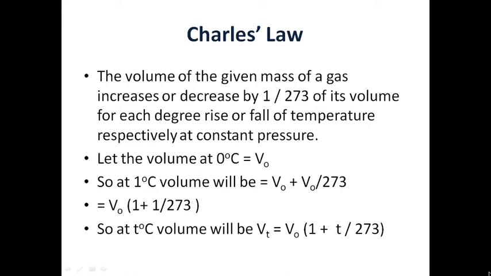Similarly, at 2 degrees Celsius the volume will be V0 plus 2 into V0 by 273. At 10 degrees Celsius the volume will be V0 plus 10 into V0 by 273, and at t degrees Celsius finally the value will be Vt is equal to V0 into (1 plus t upon 273). This is the volume at t degrees Celsius.